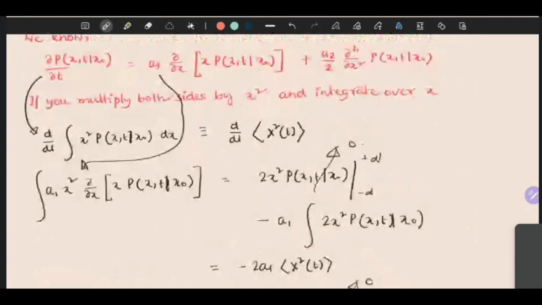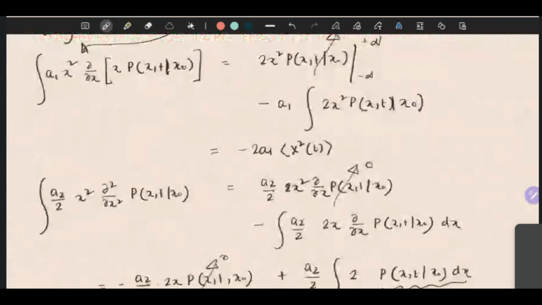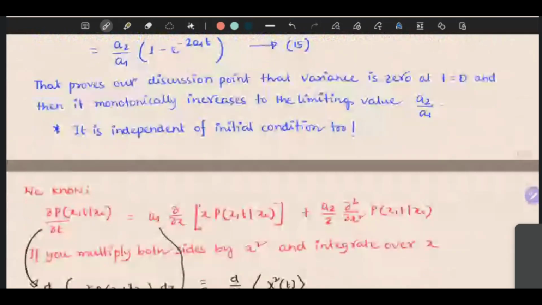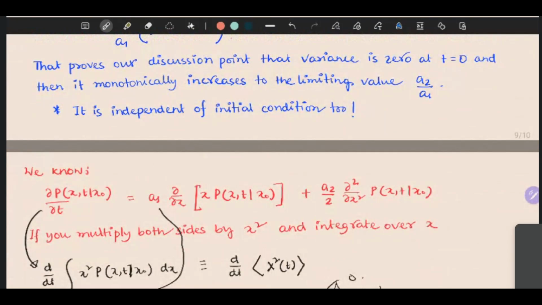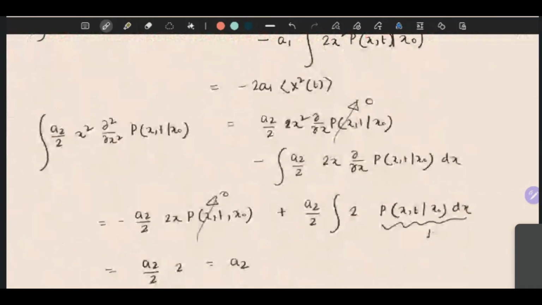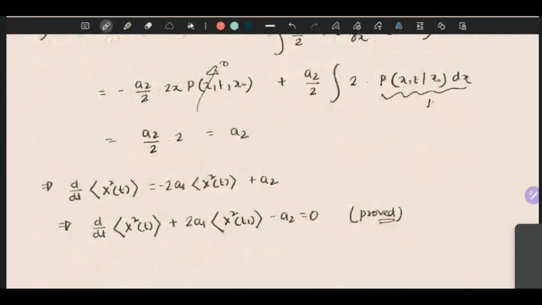So you are proving equation 14. So this is how to get the second equation of equation 14.